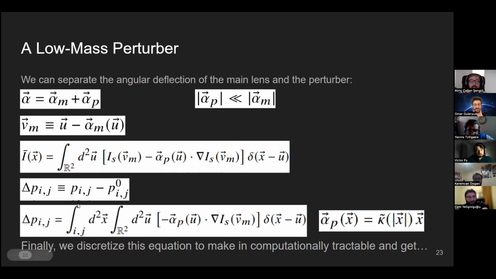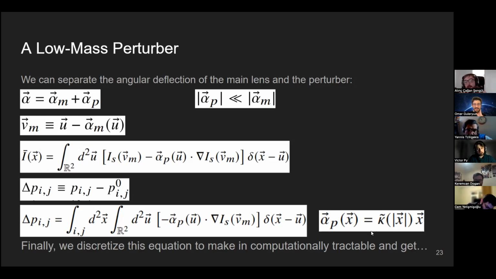When you carry out the calculation, differences in these pixel brightnesses are written as an integral of the angular deflections of the perturber, dot product with the source surface brightness gradient. And you can write the angular deflections of a perturber, if it's axially symmetric, as a function of the average density within some radius, which is the density profile.